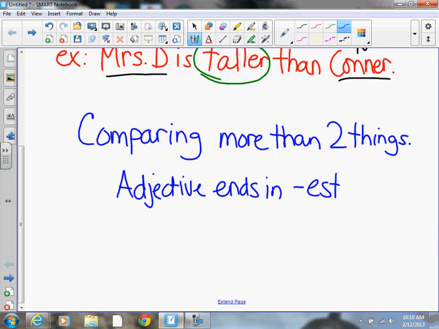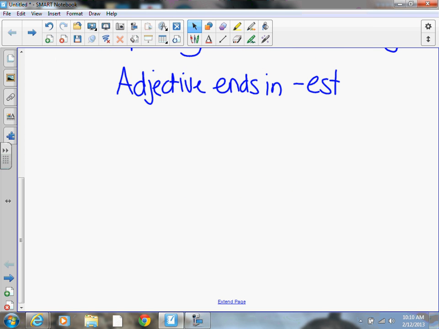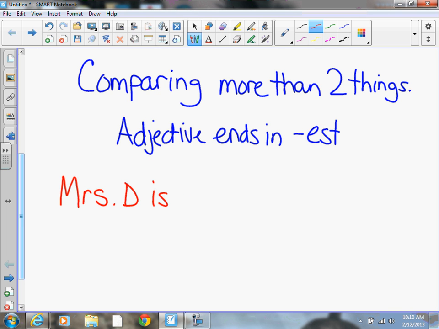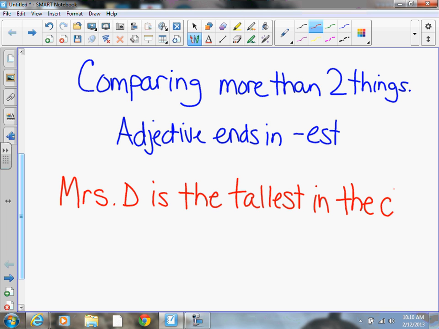Okay, so here's my example, and I'll show you. Okay, my sentence reads what, Owen?